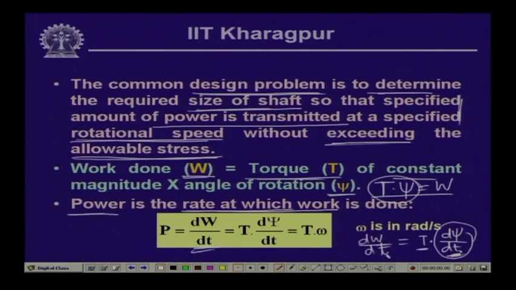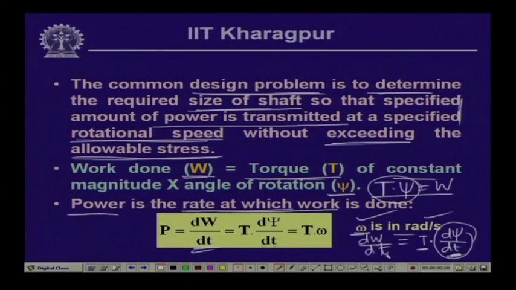And d psi/dt is nothing but the change of twist angle per unit time, which is the angular speed, and that we have defined as omega, which is generally defined in terms of radian per second. So, power P is equal to T times omega.